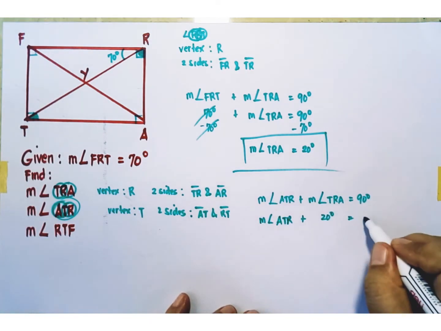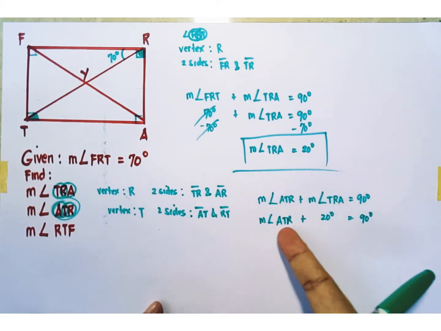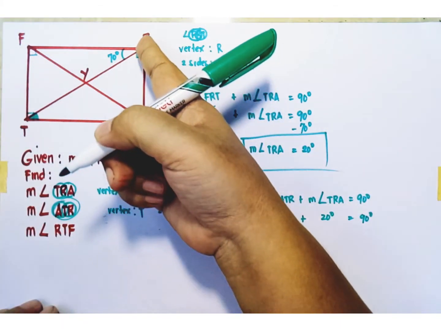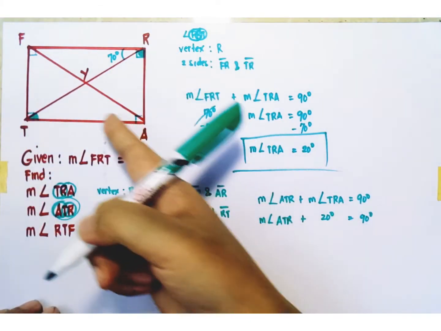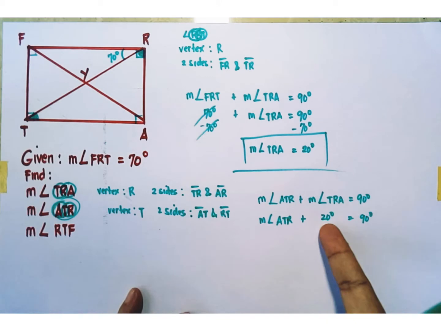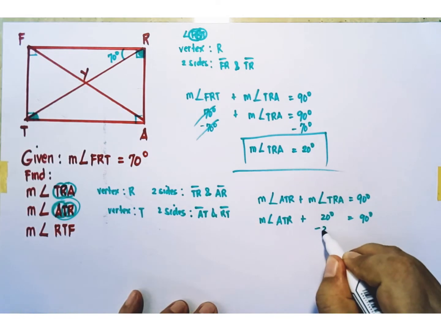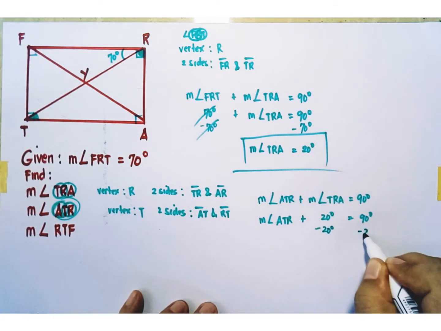And the sum is equal to 90 degrees because these two acute angles of the right-angled triangle RAT are complementary. Use subtraction property of equality to eliminate the constant term on the left side of the equation. Subtract 20 from both sides of the equation.